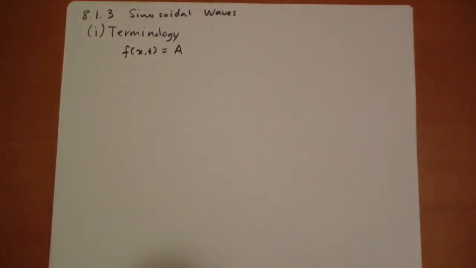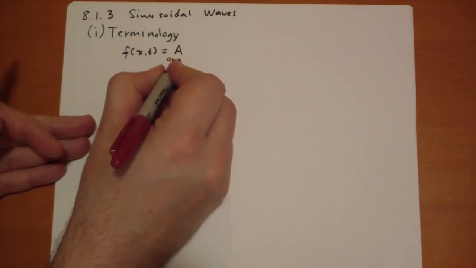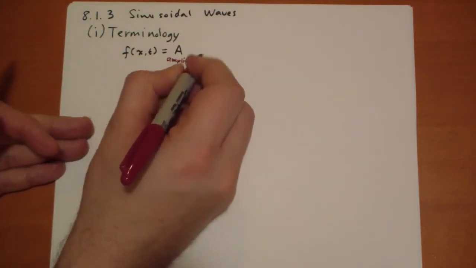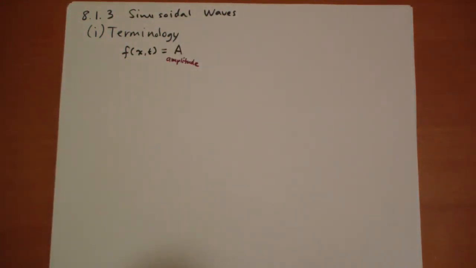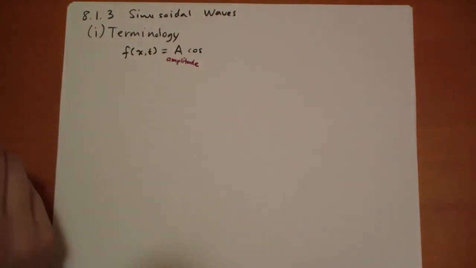A is the amplitude. It's how tall that wave is. So let me just write that down. Then you have your cosine, or some people like to use sine. I like cosine. Cosine has a nice property that at zero, where the guts of the cosine is zero, that's your maximum.